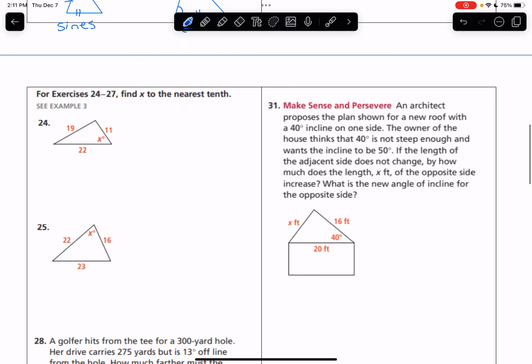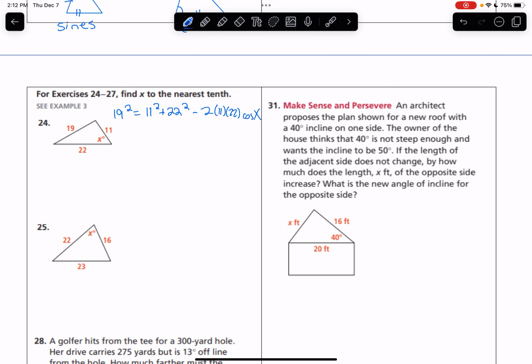Down here in 24 and 25, we have a slightly different scenario where we have all three side lengths and we're needing to find an angle. So we will start the law of cosines with the side length opposite the angle. 19 squared equals 11 squared plus 22 squared minus 2 times 11 times 22 cosine of x.